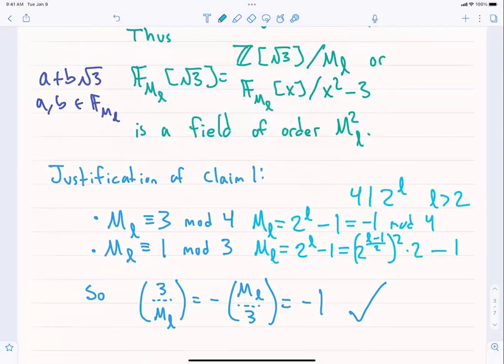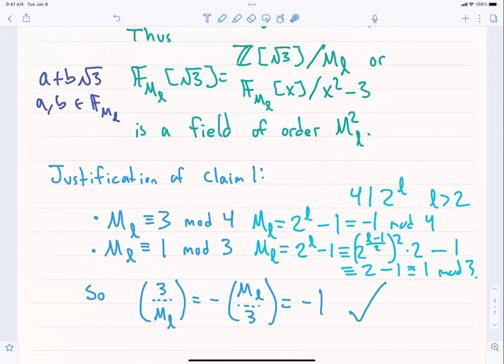Now, any square of something non-zero mod 3 is 1. So this is just equal to 2 minus 1, which is 1 mod 3. So I have M_L is congruent to 3 mod 4 and 1 mod 3. This is true for any Mersenne number, not just primes.